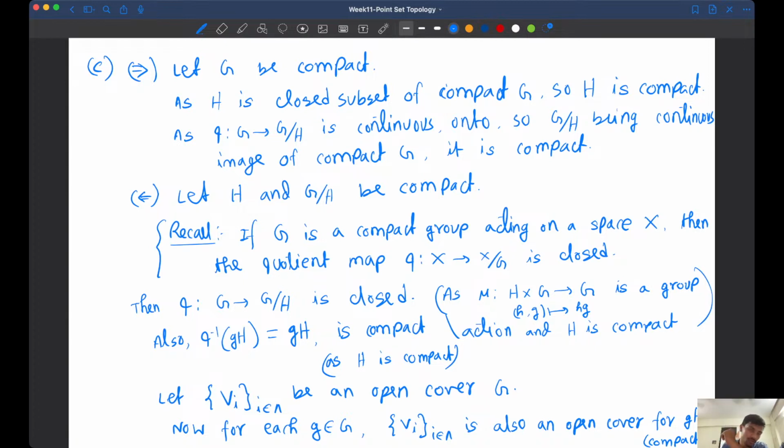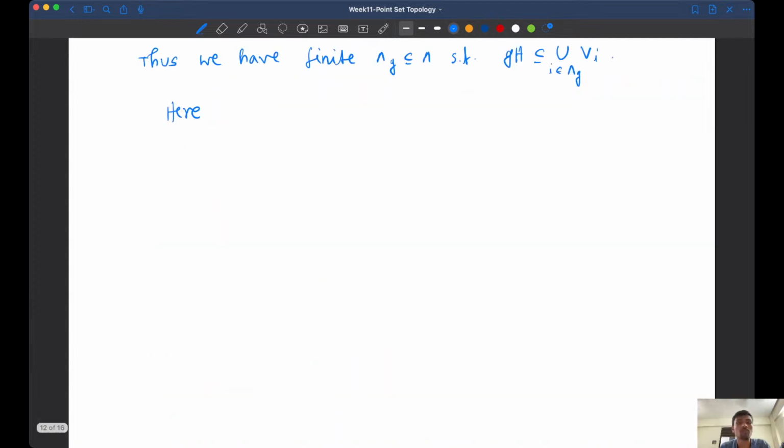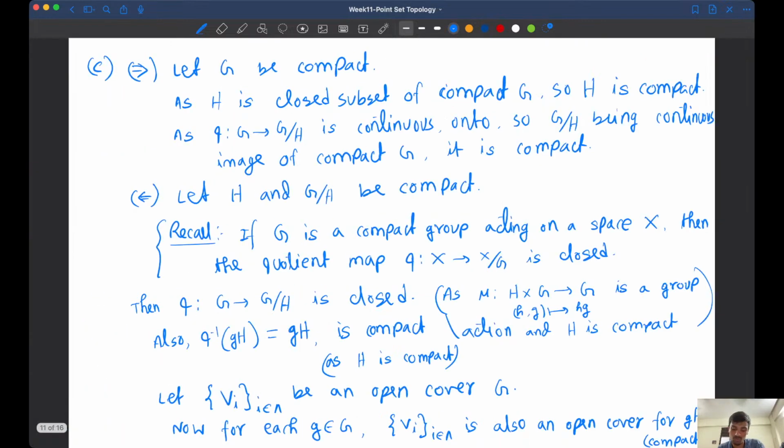Still I haven't used anything about the compactness of G mod H. So I have to somehow get a cover of G mod H. So how do we construct that cover? Basically, Q is an open mapping, and that is also closed. That I have to use.